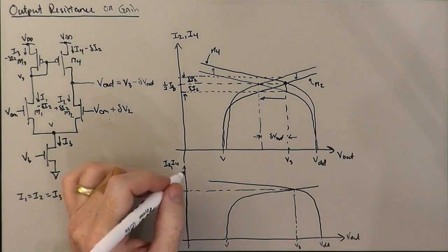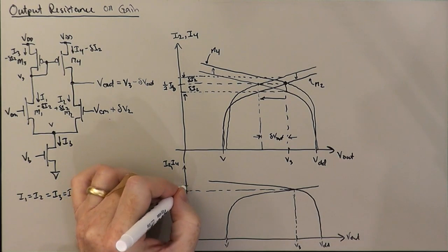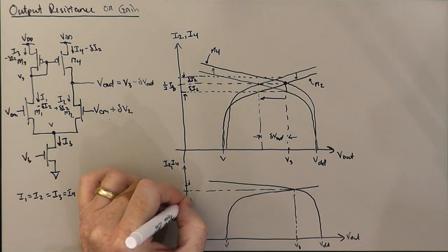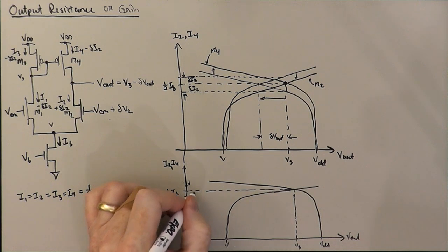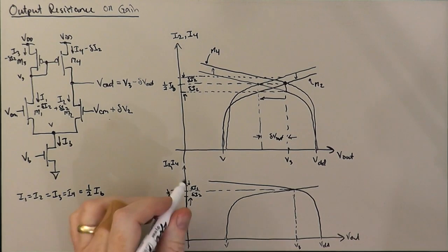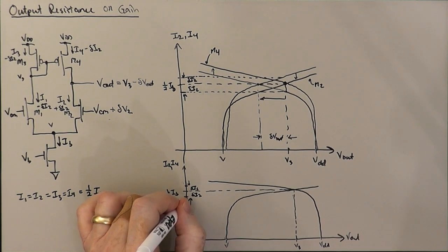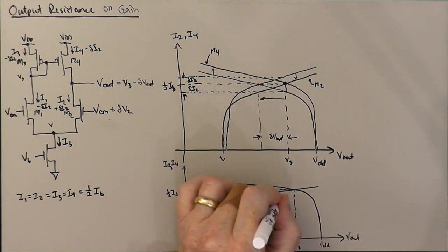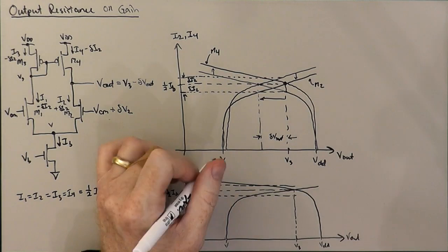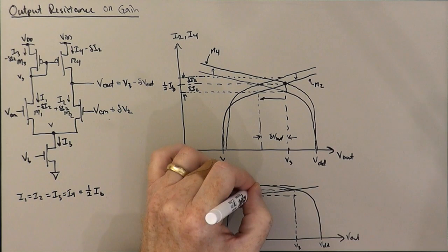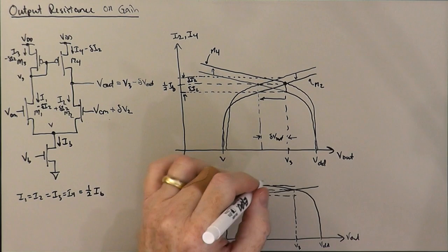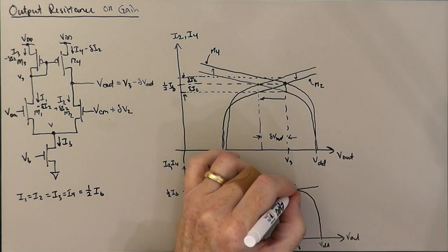And we're going to assume sort of a comparable change in I2. So for delta I2, we're going to make M4's current take them up to here.